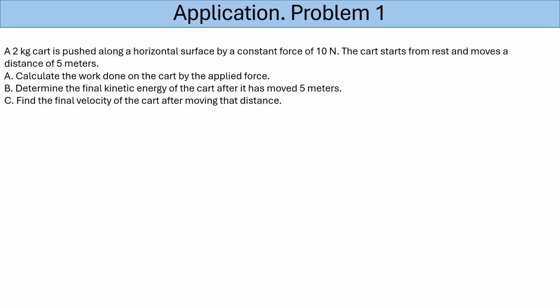Okay, so now let's apply our learnings earlier to this problem. It states that a 2 kilogram cart is pushed along a horizontal surface by a constant force of 10 Newton. The cart starts from rest and moves a distance of 5 meters. In order to solve this problem, it is my advice that we write the whole formula for the work.